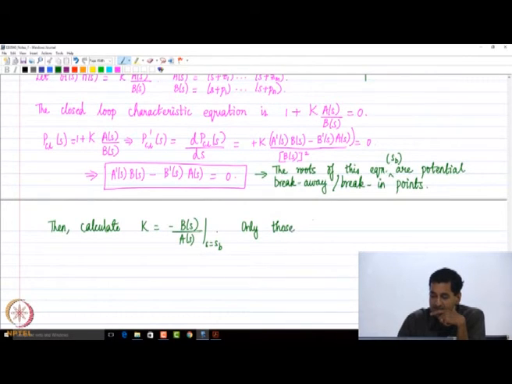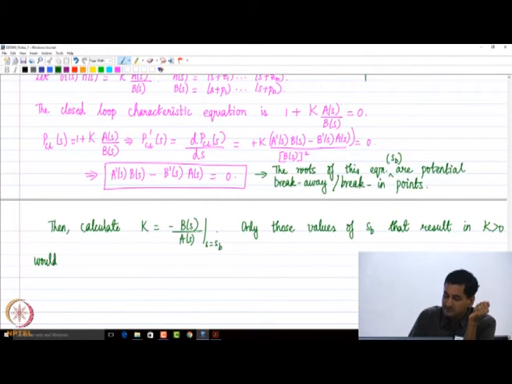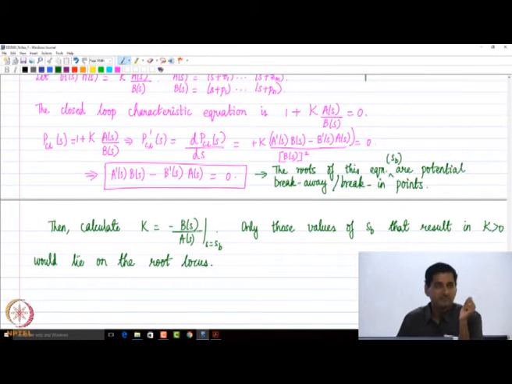Only those values of s_B that result in k greater than 0 would lie on the root locus, for our scenario. So there are two steps.